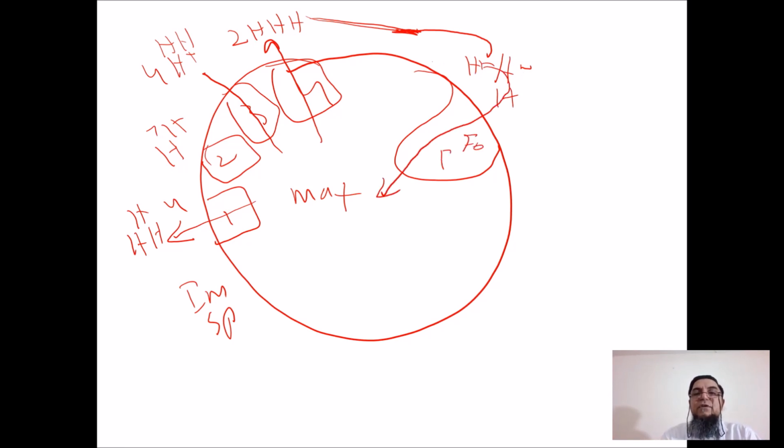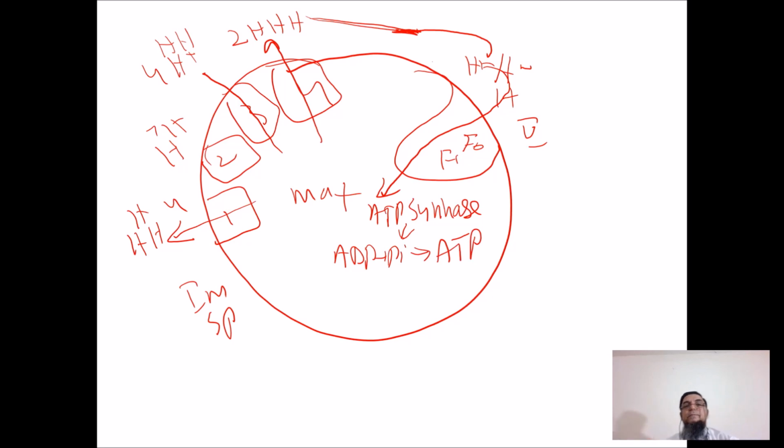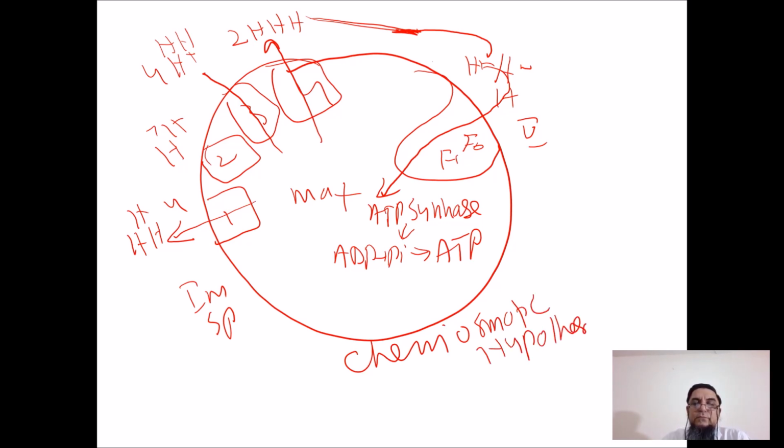This is the F0F1 complex, which is called complex 5, and then it will stimulate ATP synthase, which is the enzyme that causes the addition of inorganic phosphate to ADP to make ATP. This mechanism is called the chemiosmotic hypothesis, or chemiosmotic theory.